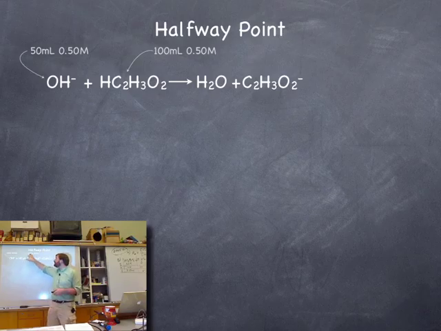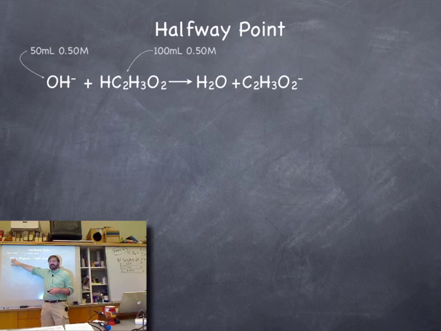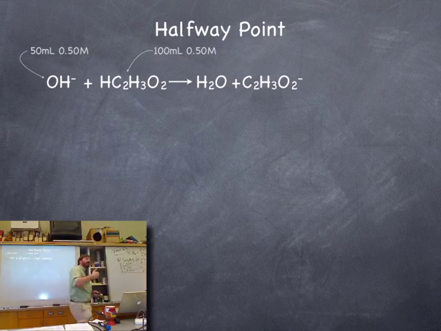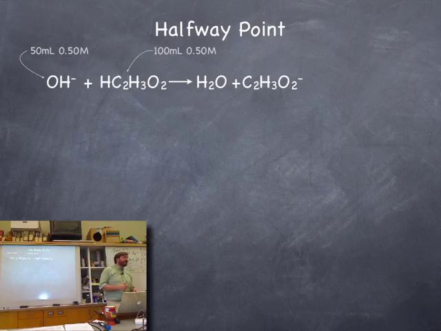Let's say we had 100 milliliters of 0.5 molar. When we've added 50 milliliters of 0.5 molar sodium hydroxide, we will be at what we call the halfway point. We will have used up half of the acid. And there's a reason why I'm showing you this point. It's an important point, and we're going to see it a couple of different times. It's also very useful to us for a particular property.